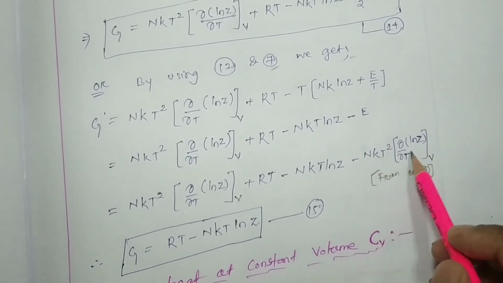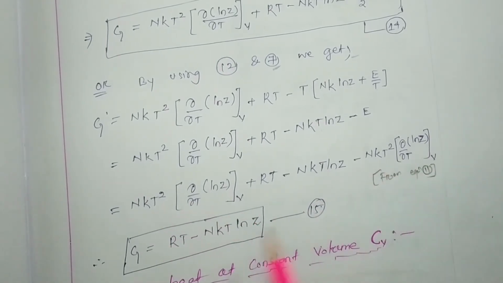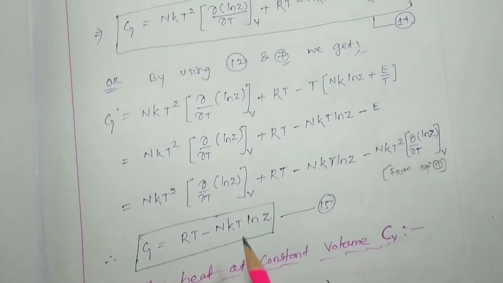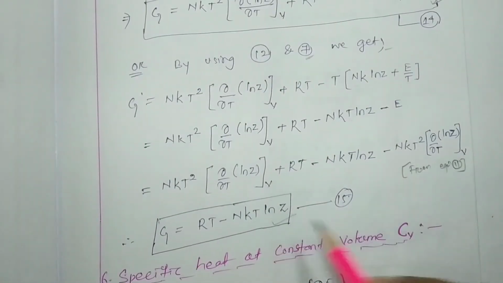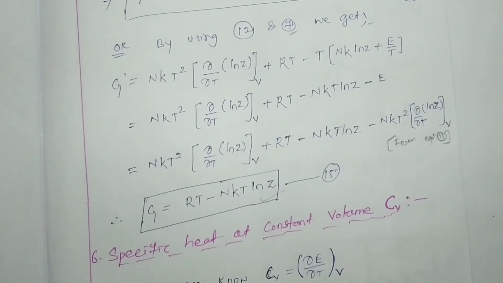So this term and this term are equal and opposite in sign and get cancelled, and we found RT minus nkT ln z. So for the Gibbs potential, this form and this form you have to remember. Equation number 14 and 15, the expressions for the Gibbs potential, you have to remember.